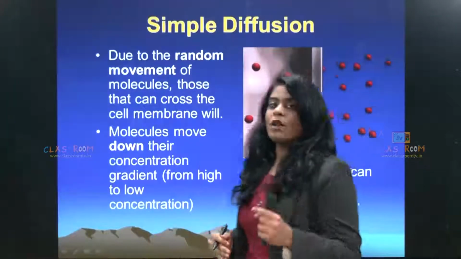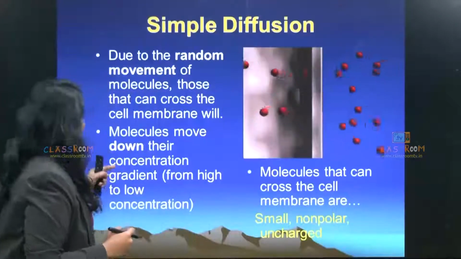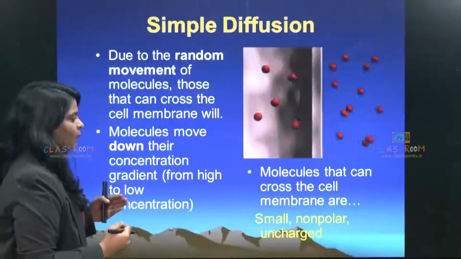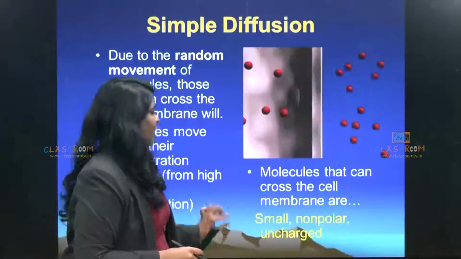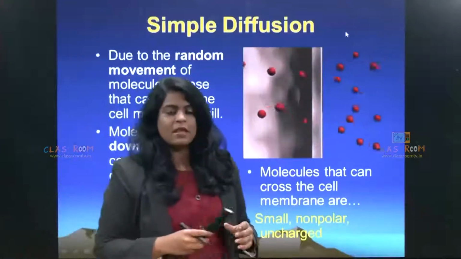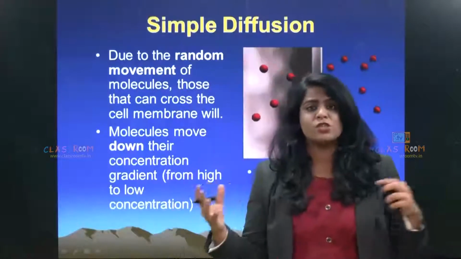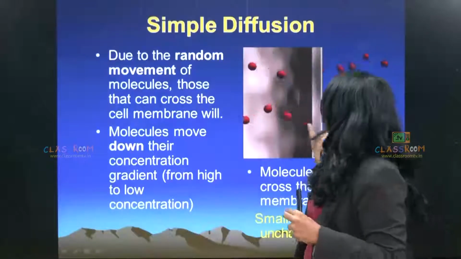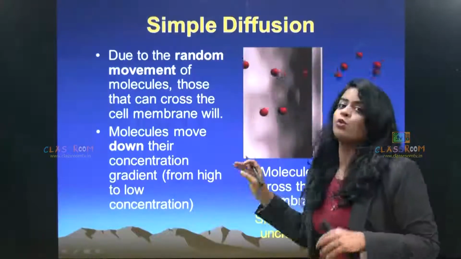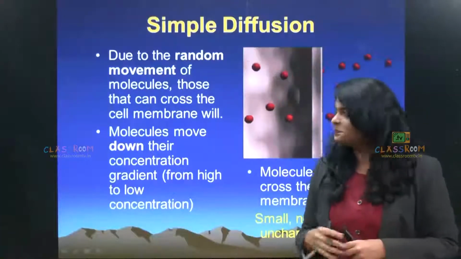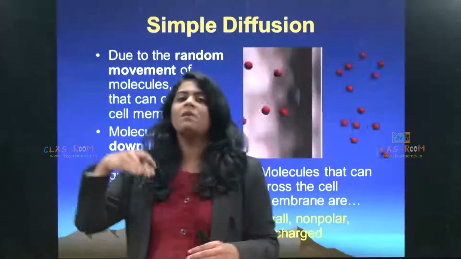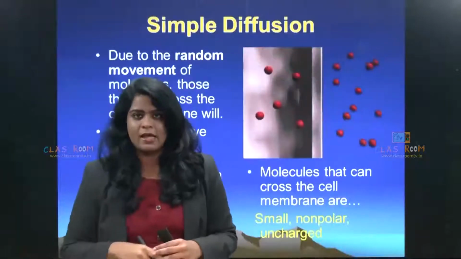Okay, so molecules move down a concentration gradient, that is from high to low, and those molecules are small, non-polar and uncharged. Okay, so why is the diffusion happening? Because the molecules are able to diffuse only because there is a gradient difference. Okay, and that too only from high to low.